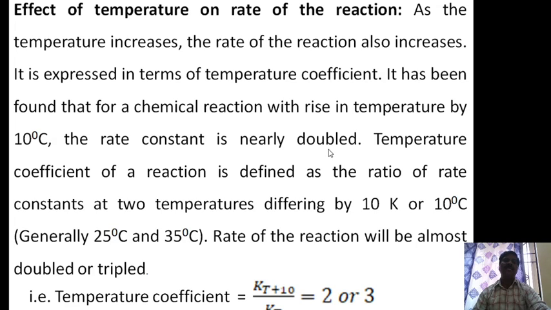The rate constant will be nearly doubled for every 10 degree rise in temperature.